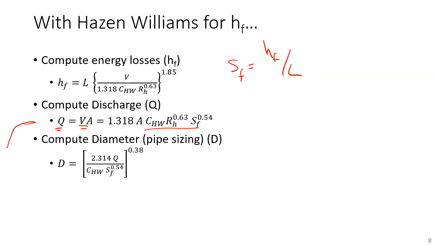So it's this equation, and we put in the cross-sectional area of a pipe, pi over 4 d squared. The wetted perimeter is pi d. It's just the circumference of the pipe. And we rearranged and solved for the diameter. So again, everything on the right-hand side is known in this class of problems.